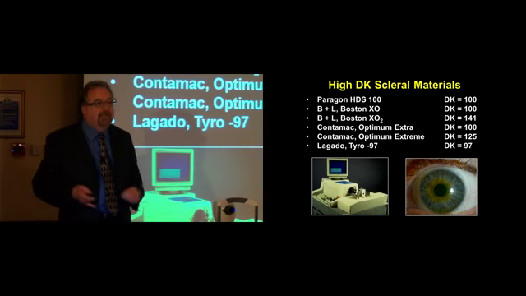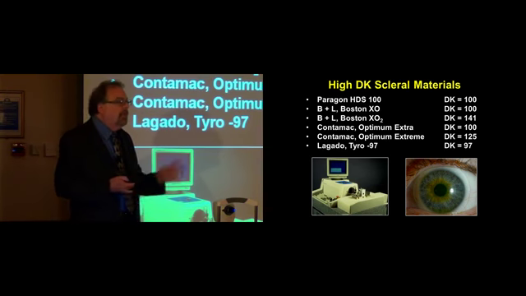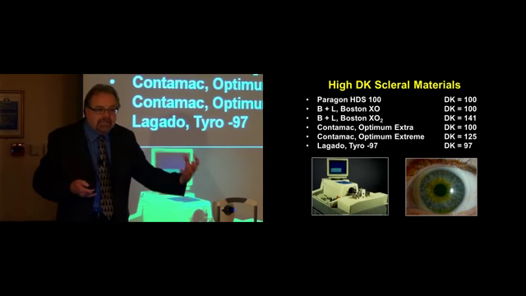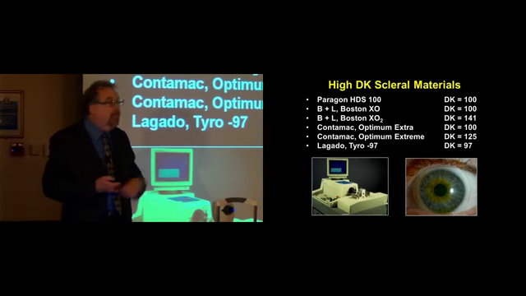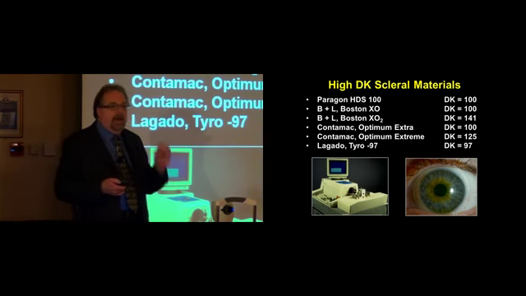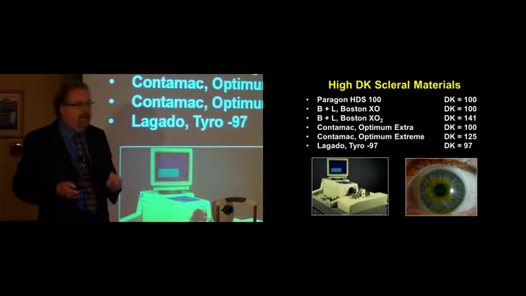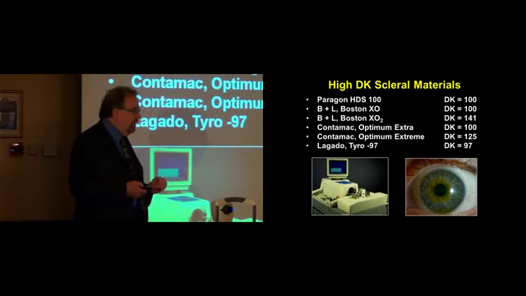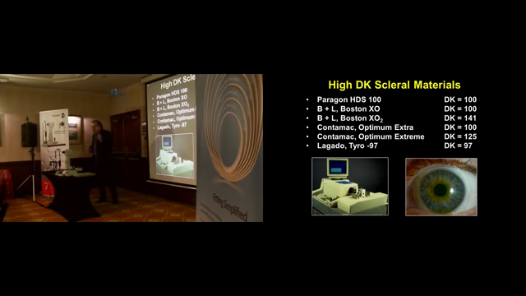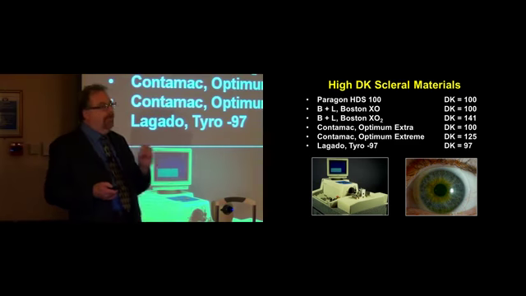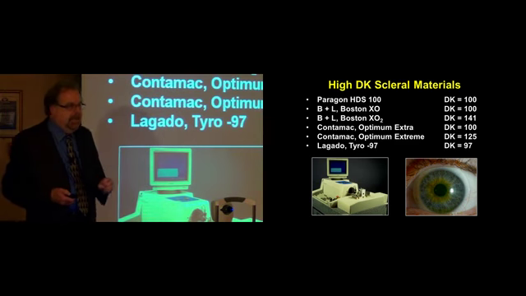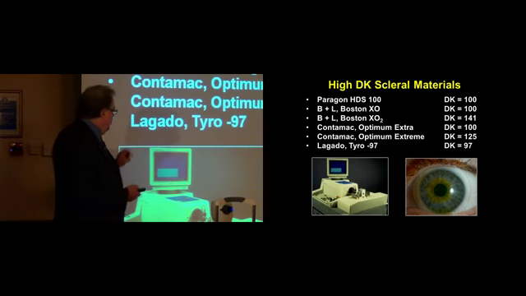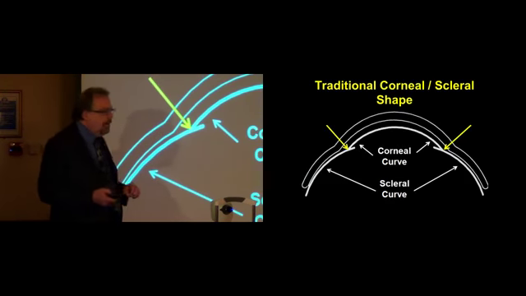And later on, I'll be sharing with you some of our preliminary work on oxygen permeability through scleral lenses, and I think you'll find that little body of work very intriguing. Yes, we do get oxygen underneath these contact lenses permeating through the plastic. Probably not much through tear exchange, but a lot through the material itself.